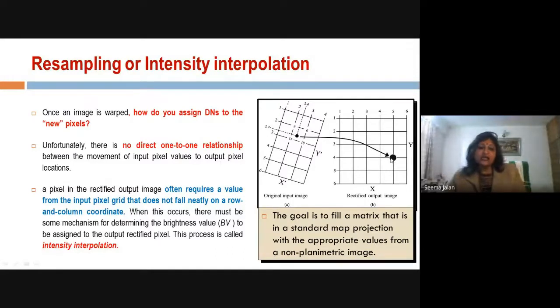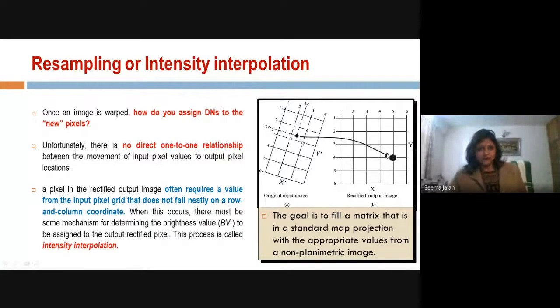And remember, this is not a one-to-one process. You don't just put the first value here and the second value here. No, you run the equation backward again. No need to be scared; you don't have to run it. The software does it, but we need to understand what goes on behind the screen. It calculates the image coordinates for each output coordinate location, and whatever pixel value is at the computed input coordinate location, it brings it here.